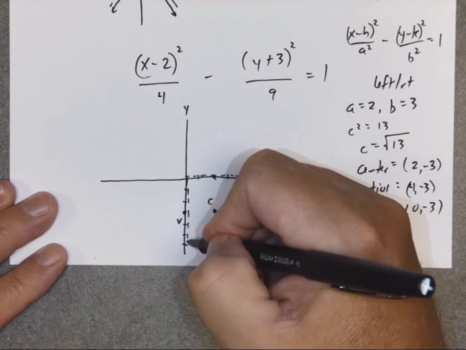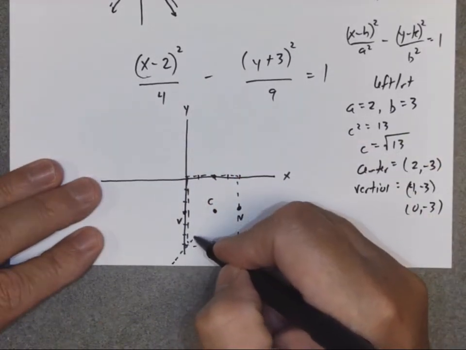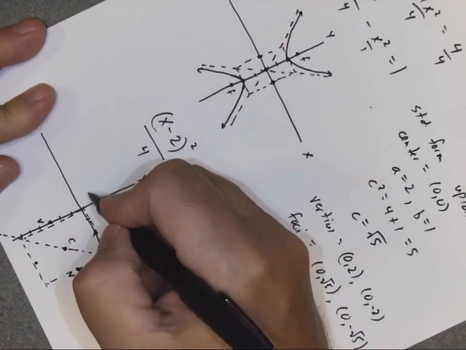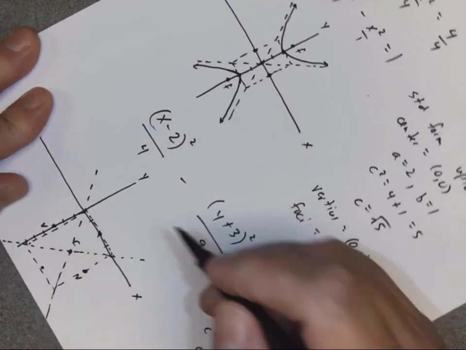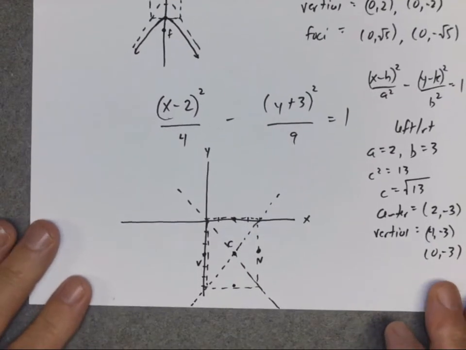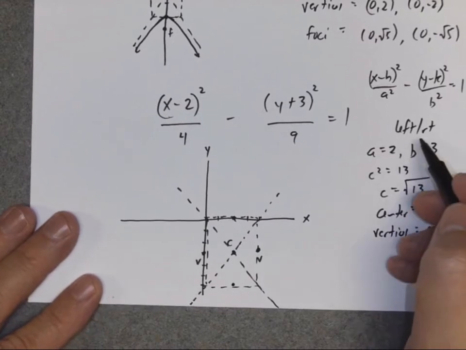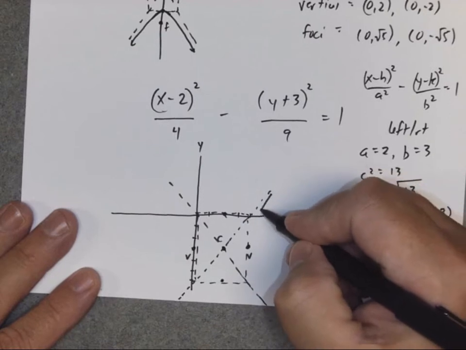Now I can draw my box and draw my asymptotes. Now don't get confused here. Once again, this is a left and right hyperbola, so I'm going to go over here.